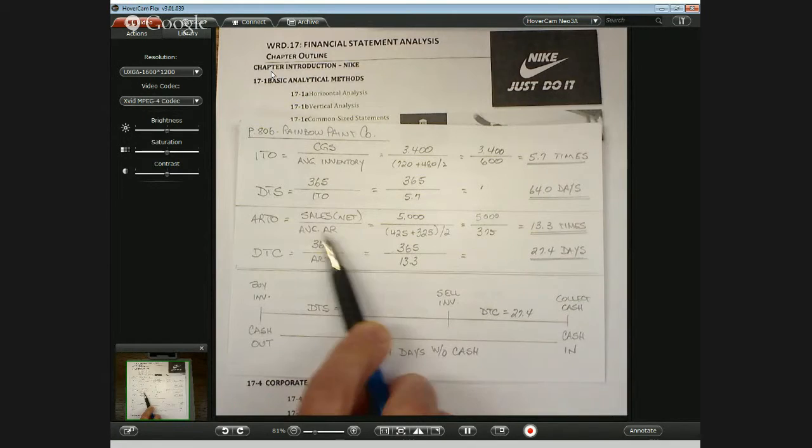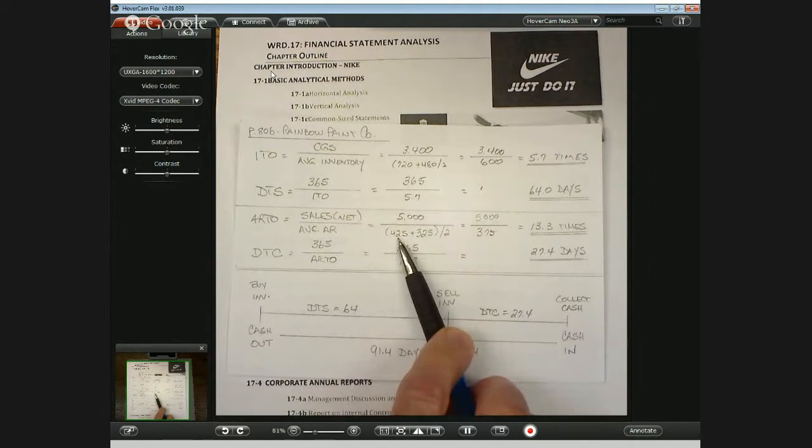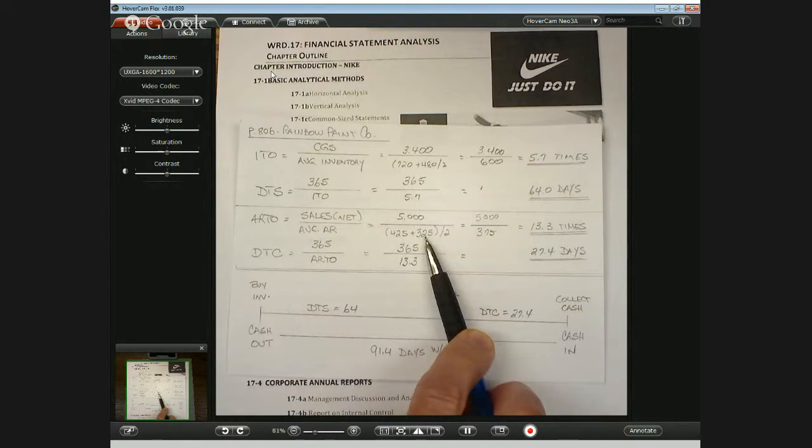For the Rainbow Paint Company, if you look at the 2014 income statement on page 806, you see that the sales would be net $5 million, and the accounts receivable for 2014 would be $425,000. For the previous year, $325,000.